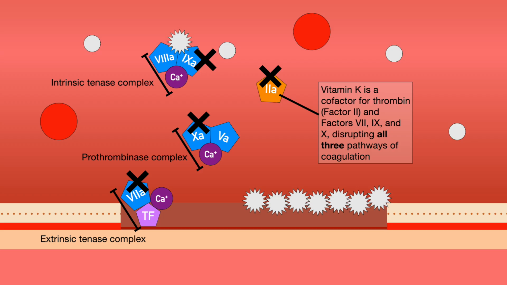Therefore, vitamin K deficiency disrupts all three pathways of coagulation by preventing formation of intrinsic kinase complex, extrinsic kinase complex, and prothrombinase. A somewhat similar condition, called gamma-glutamyl carboxylase binding disorder, is a condition that prevents vitamin K from binding to coagulation factors. This condition has been described in Devon Rex cats.